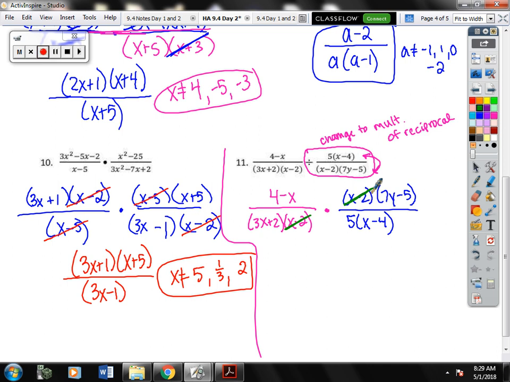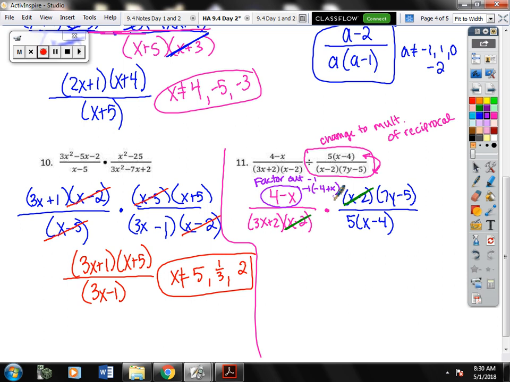However, if you notice that you have something really similar, but they're switched around, what you can do is you actually can factor out a negative 1. So if we factor out a negative 1, this will become negative 1 times the quantity negative 4 plus x.